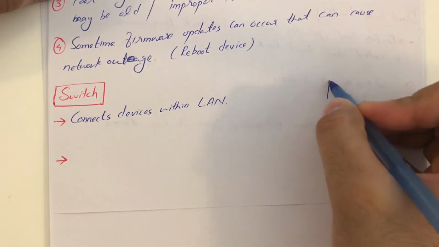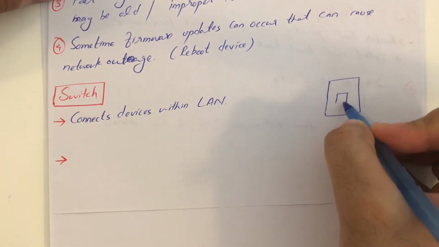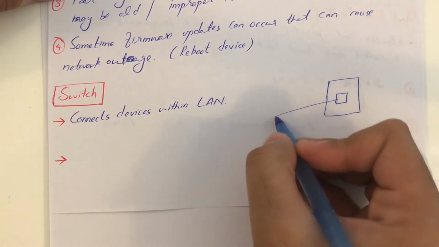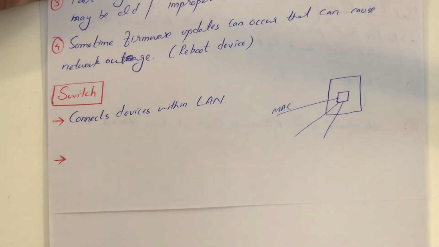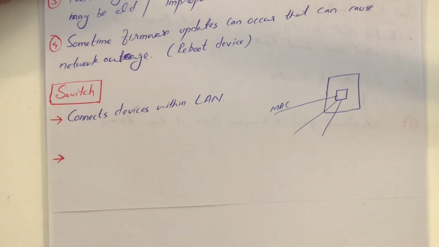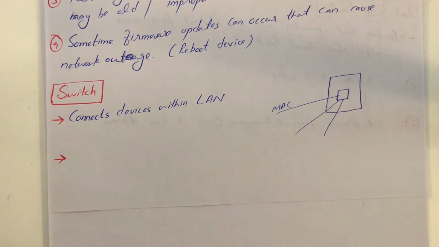Switch, for example, this is your router. So as I mentioned, switch is basically inside the router. It distinguishes the devices based on their MAC addresses. Okay, MAC address is basically you can say their physical address, which will never get changed. Like your IP address can change, but your physical address will never ever change.